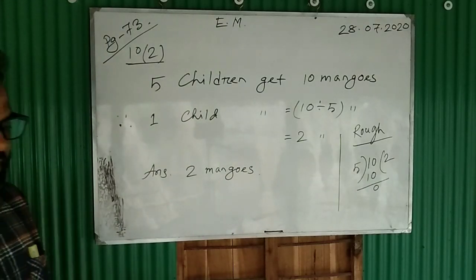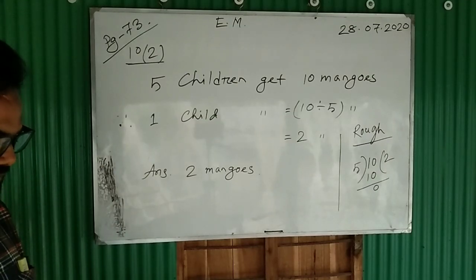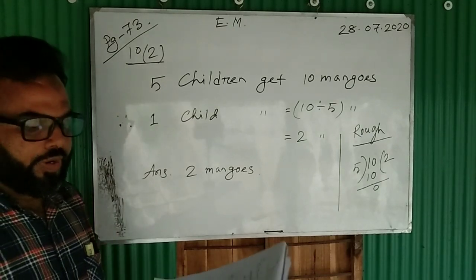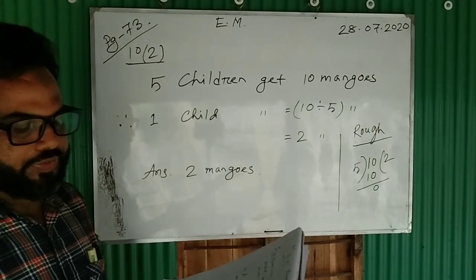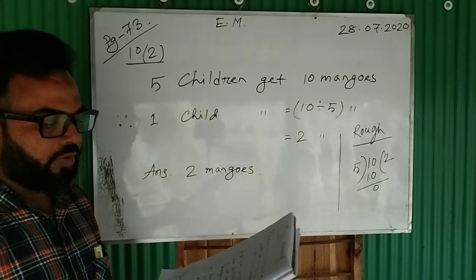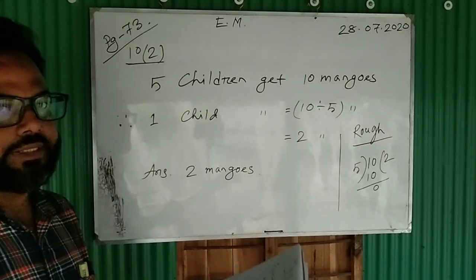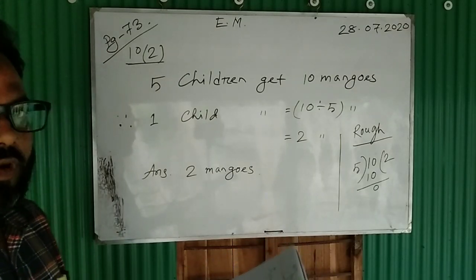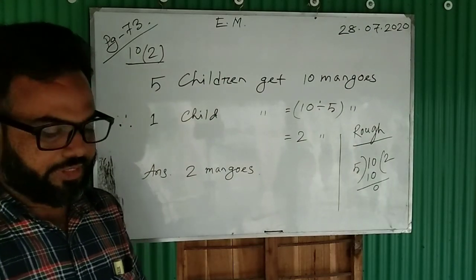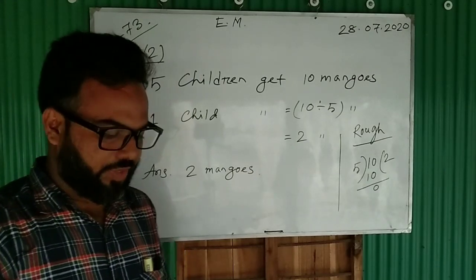Now read the next question. Question number 3. There are 24 students in a classroom. If 4 students sit on one bench, how many benches will be necessary? Suppose in your classroom you are 24 students and on each bench 4 students sit.